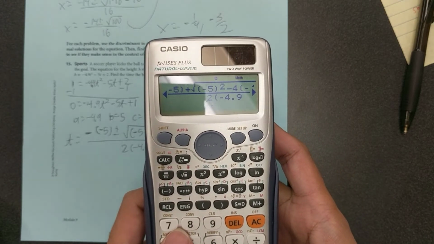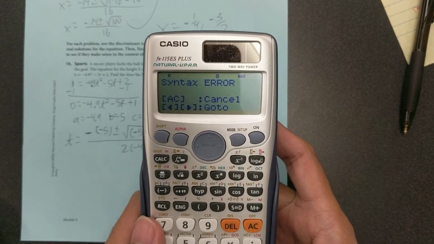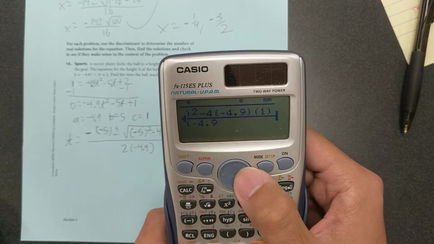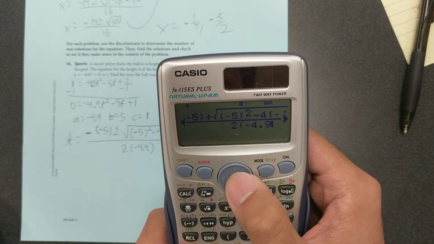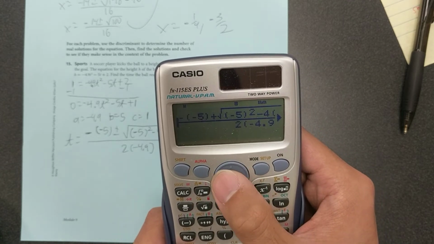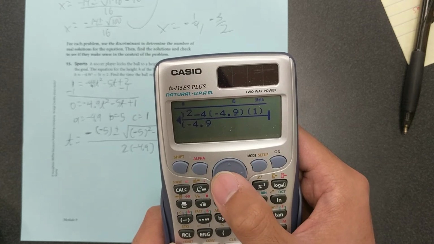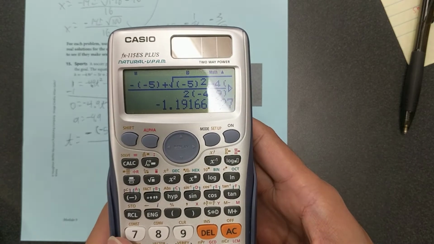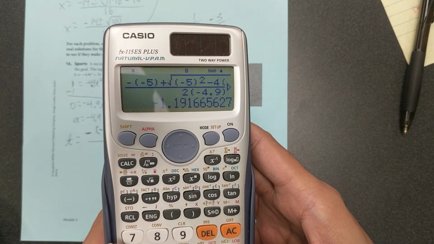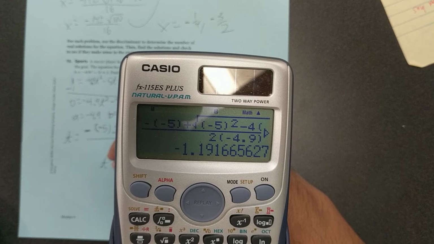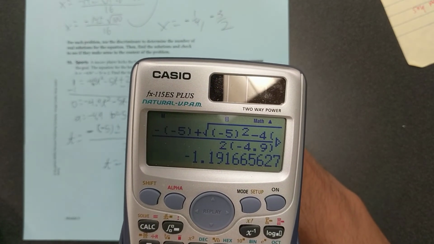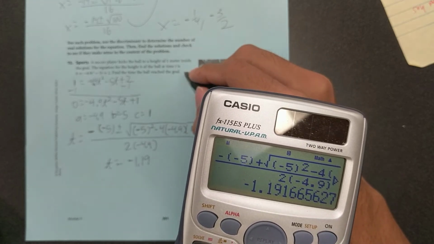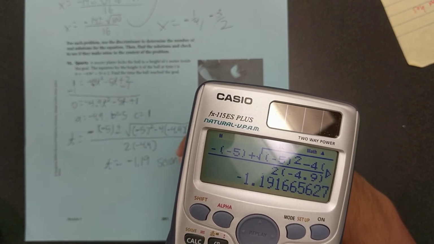Okay, so again, this is the plus version. Oops, let's see what I messed up. I forgot to close out my parentheses. Okay, so the plus version leads to a t value of negative 1.19 approximately, and the units are not given, but I think we can assume they're seconds.